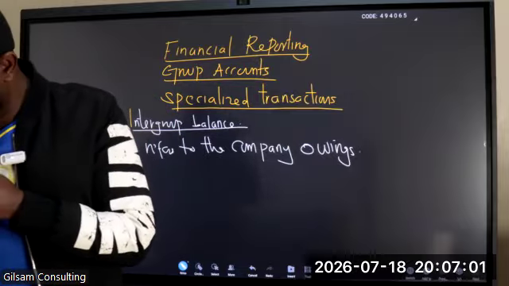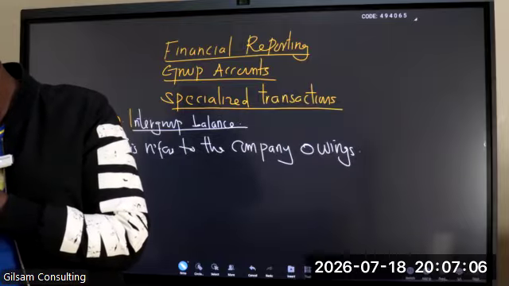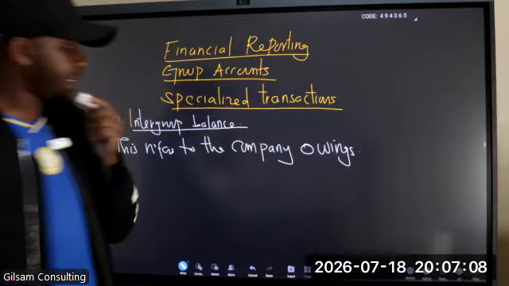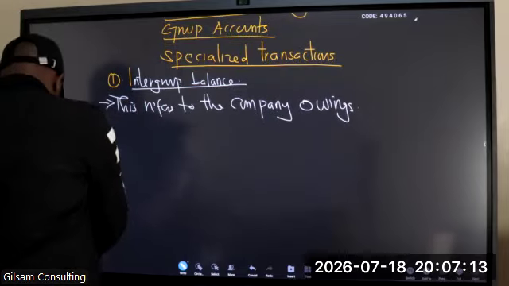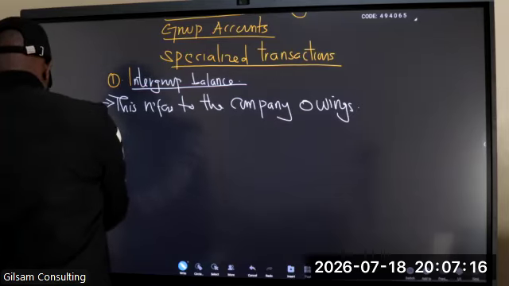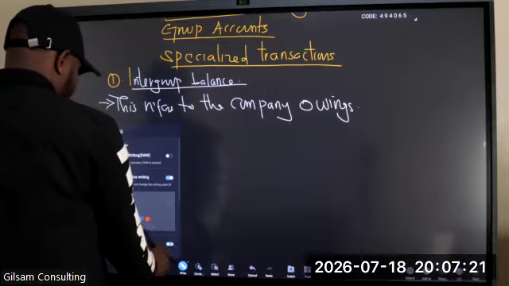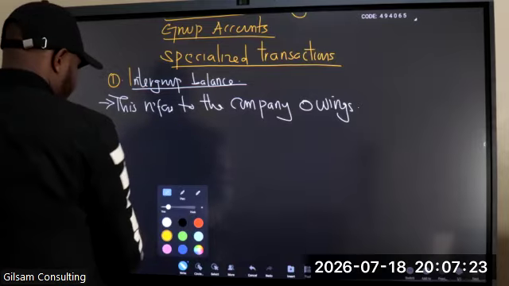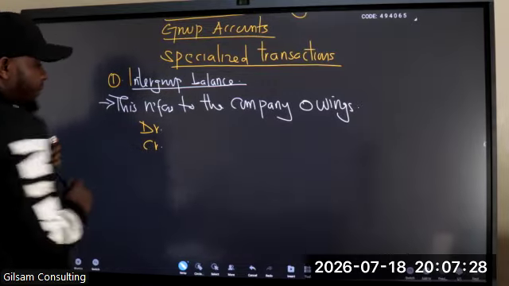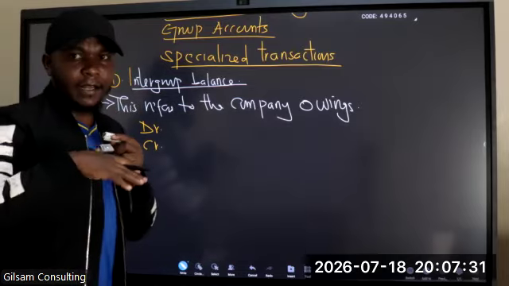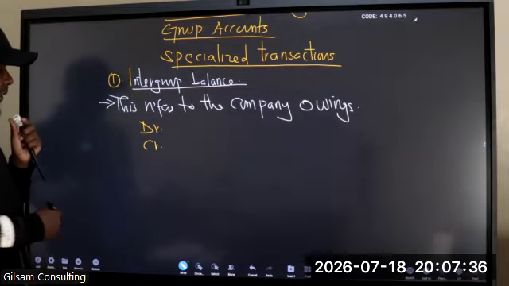Now, how do we recognize these intercompany owings? We have to remove it from one company and also remove it from the other company. So what do we debit and credit?